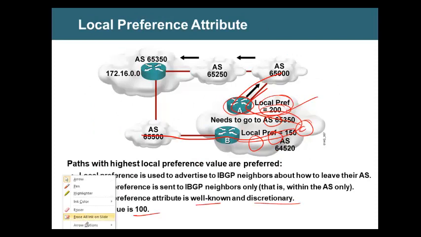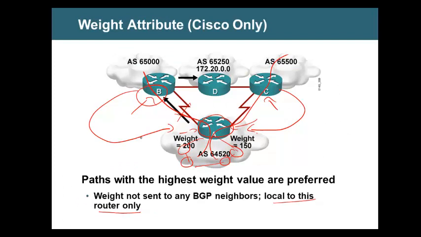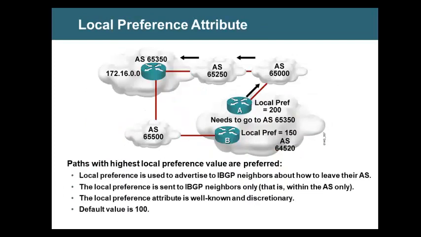All the routers in the autonomous system will know it. Weight is not like that. When you configure it on one router, it is only for that router. The local preference is sent to all IBGP neighbors within the AS. IBGP means within the autonomous system.